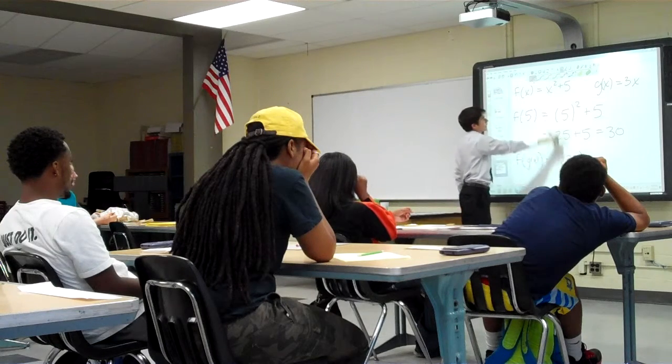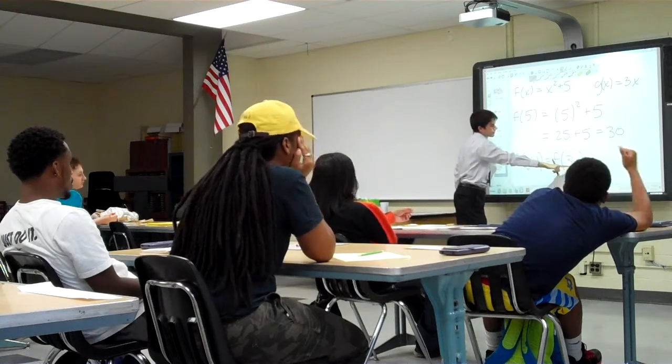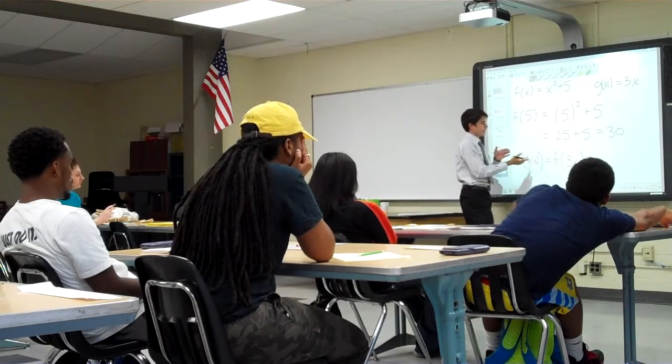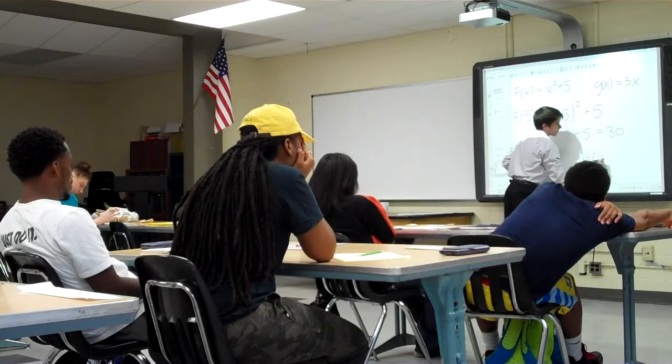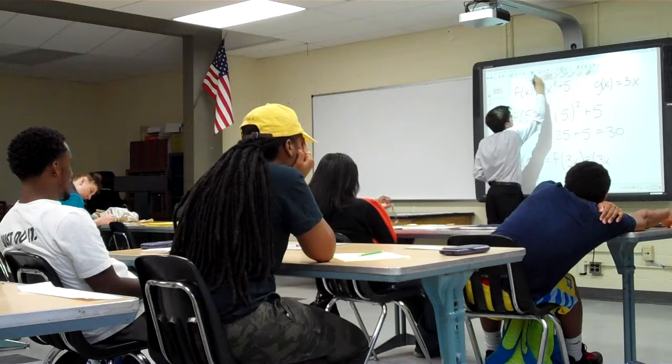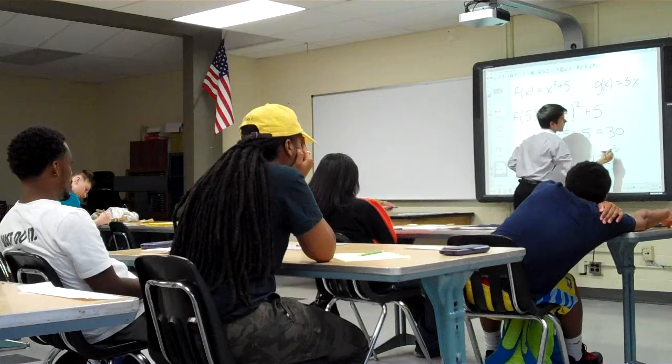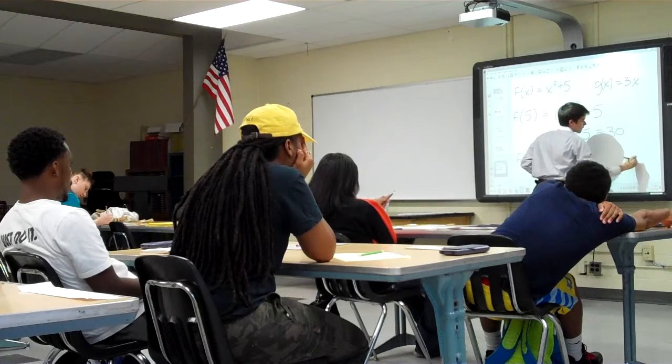So we're replacing x with 3x. That's all we're doing, substituting it out. 3x in parentheses squared plus 5.